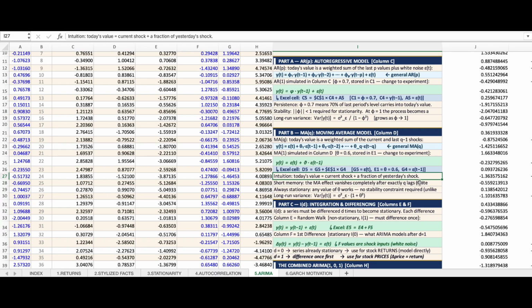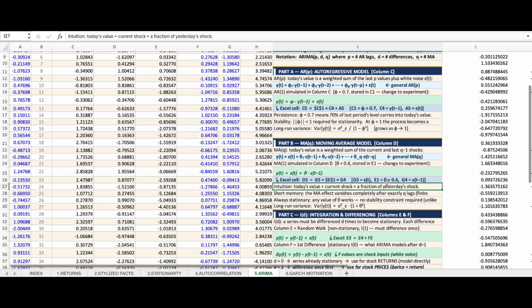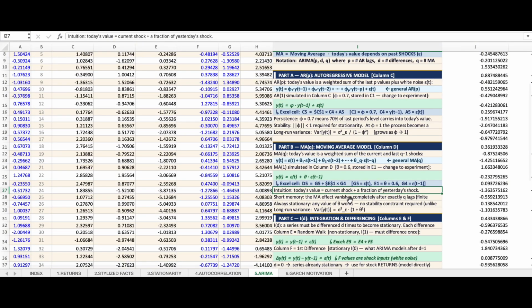Also notice that any MA model is always stationary regardless of that theta value. There is no stability constraint needed here. And this is one important difference from the AR model, where you need that phi parameter strictly to be inside the unit interval. So cell E1 stores theta for this simulation.